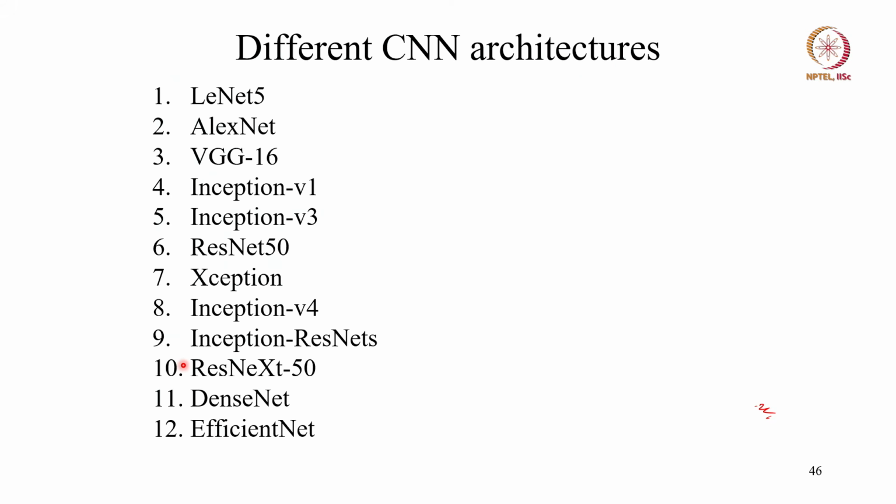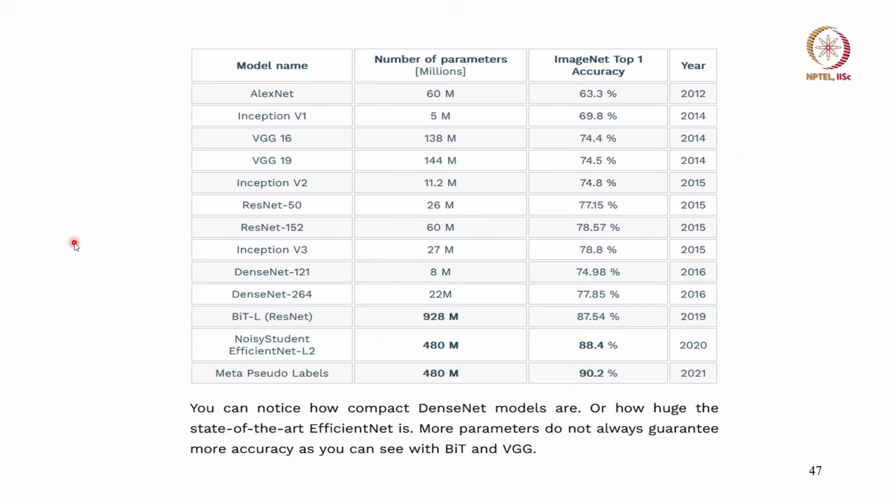Okay. So we can see that we saw a lot of CNN architectures. So they have been just listed over here. We started with the LeNet and then the AlexNet, VGG, Inception, version 1, 3, ResNet, Xception, ResNet, DenseNet. Then finally you have what is called the EfficientNet.